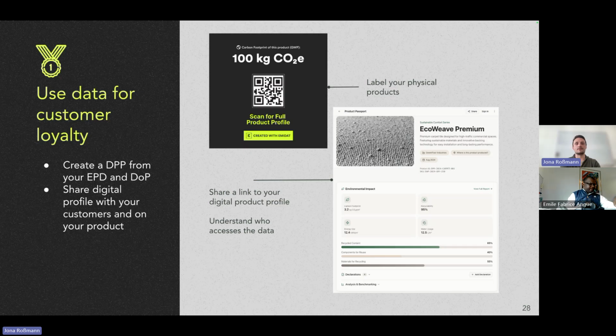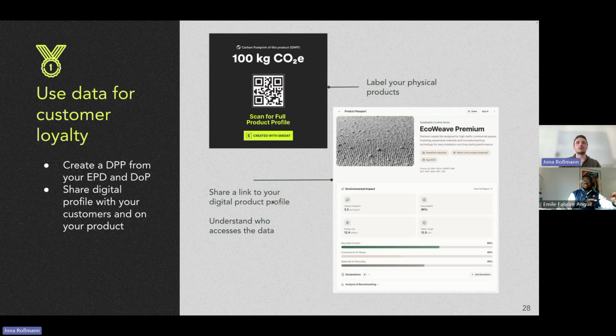The good thing is you can use the collected data not only for EPDs, but for many different use cases: for research and development, for sales conversations, for PCFs, for LCAs, for EPDs, but also in the future, for example, for the DPP, the digital product passport, which you then can share as a final digital profile, for example, with your customers, as a QR code or as a link.